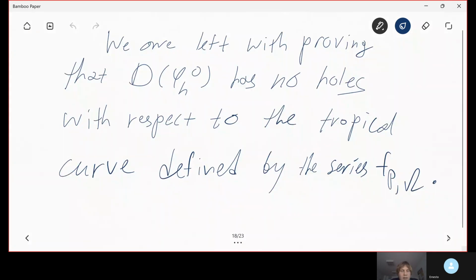That was a place where I found a mistake, around 3 weeks ago. And a couple of days ago, I finally fixed the mistake, and Nikita says it's correct. And the argument is really easy. So I'll try to explain it to you. That will be the last thing we do. This way we will complete the proof of the theorem A.